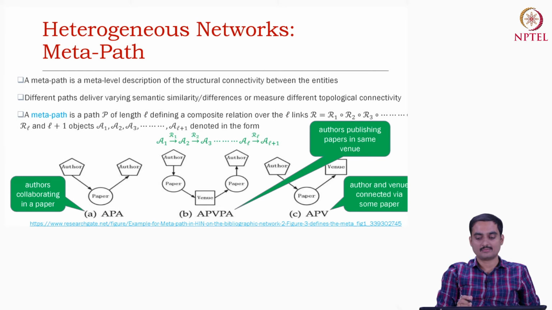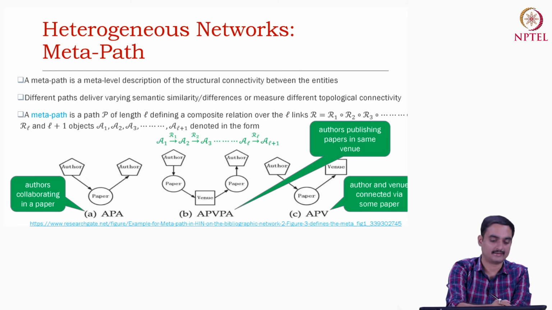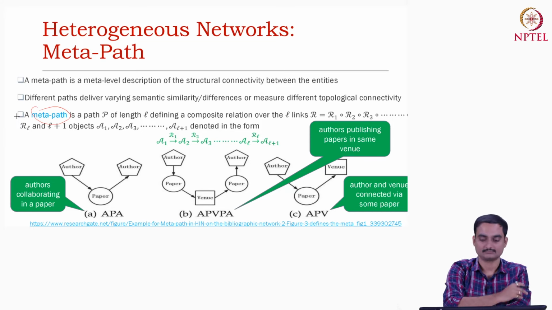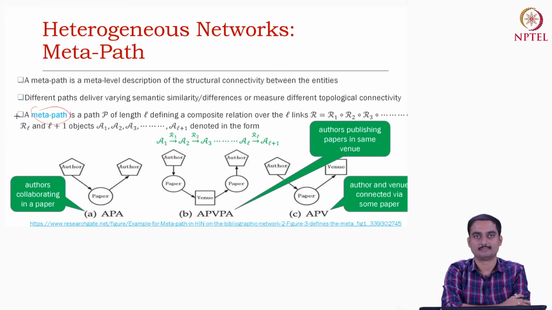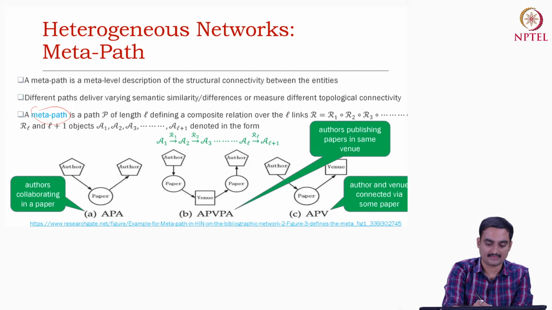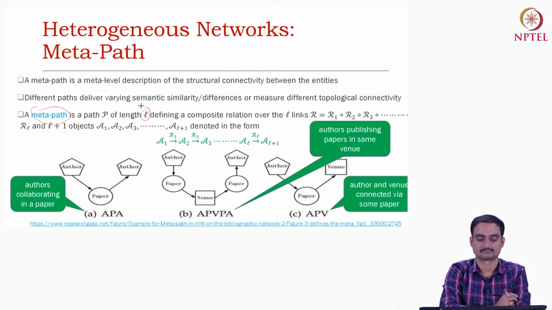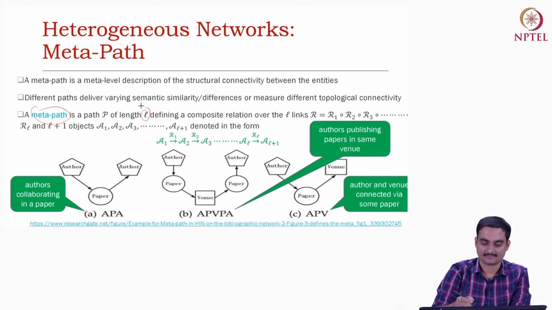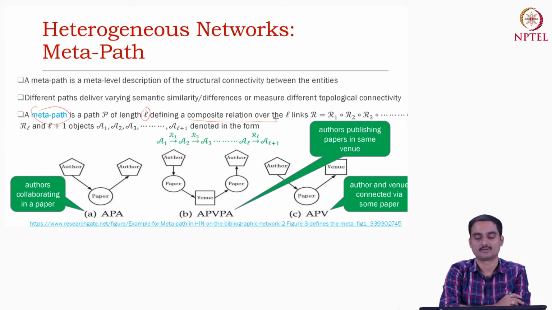Now we define a new concept called metapath. A metapath is the same as a path, but on the heterogeneous network. A metapath of length L is defined by a composite relationship of length L, and the metapath is defined on the network schema, not on the graph.